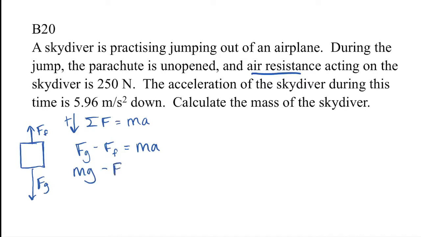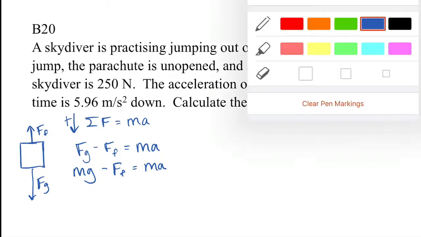Another problem here, which we kind of ran into last lesson, is that mass is part of Fg, and it's part of this one over here. Do you remember how to solve for mass? Well, I'm going to get everything with mass to one side of the equal sign, and everything with friction to the other side.